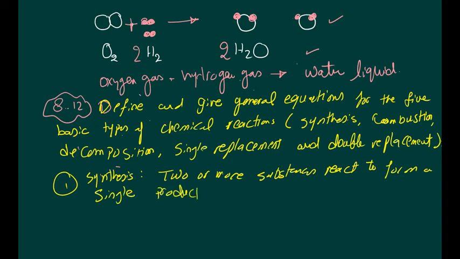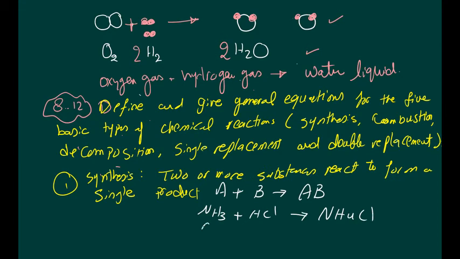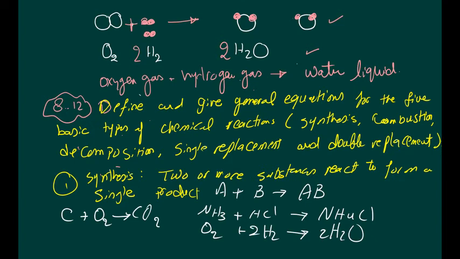Like when we say A plus B equals AB, or when I say NH3 plus HCl gives NH4Cl, or when we say O2 plus 2H2 equals 2H2O, or when we say C plus O2 equals CO2. In all of those reactions, we started with 2 and end with just one product.